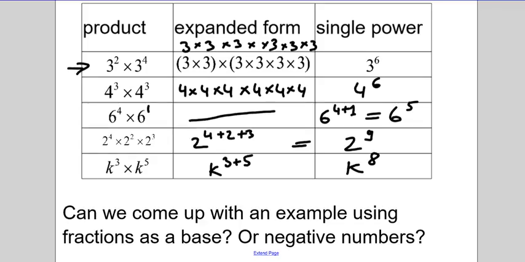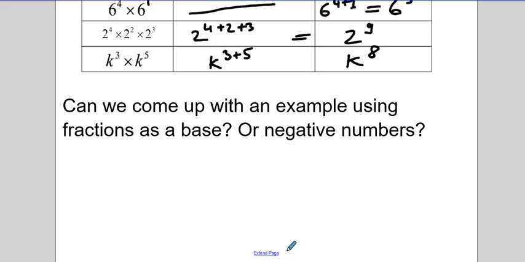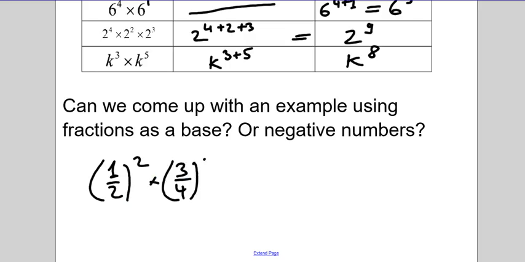Do you think this is going to work with fractions and negative numbers and any of that? Let's say we have 1 to the power of 2 times 3 over 4 to the power of 2. Could I do it here? Why not? No same base. So let's say I just rewrite it differently.